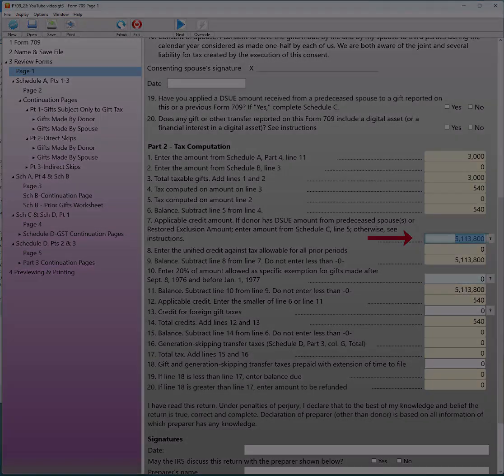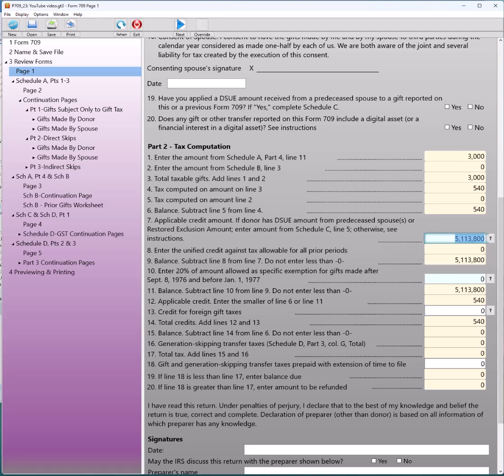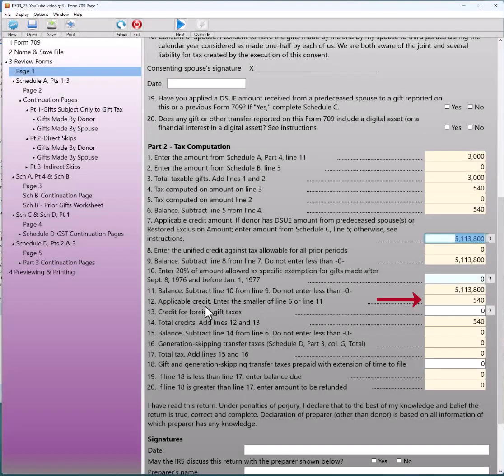And so we're taking the $540, and if you look at the return, it's saying enter the smaller of 6 or 11. You're not going to take this whole $5 million for a $540 tax. So it's taking the smaller of it, the 540. That becomes the applicable credit.